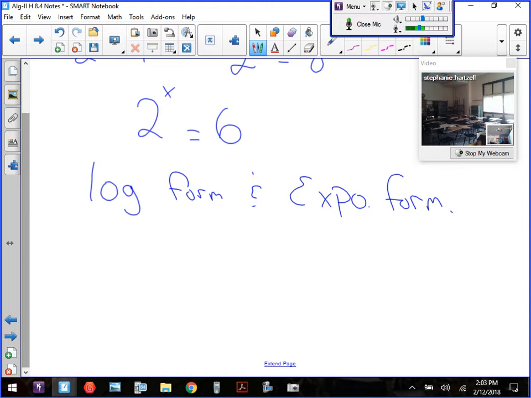Logarithmic and exponential form are basically synonymous with one another. They mean the same. And it's really easy to show you with simple numbers.